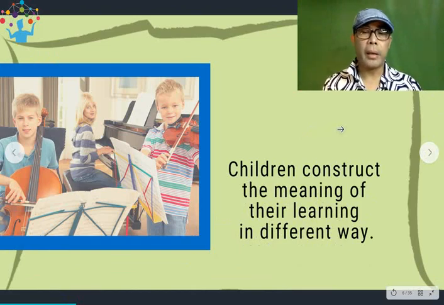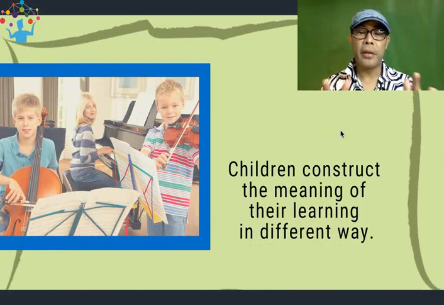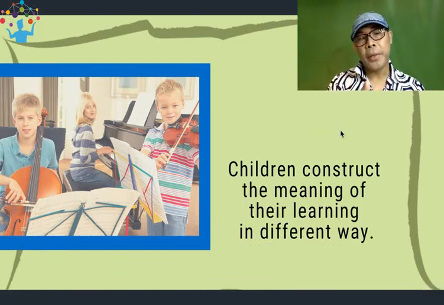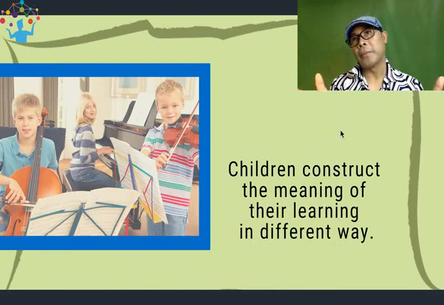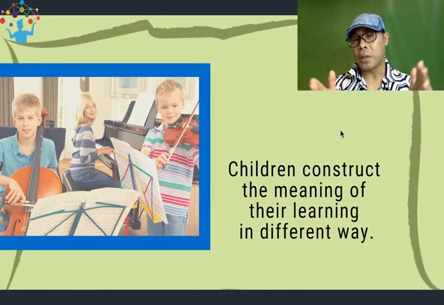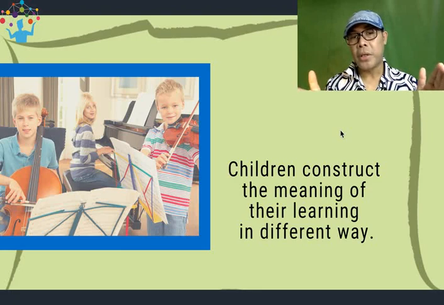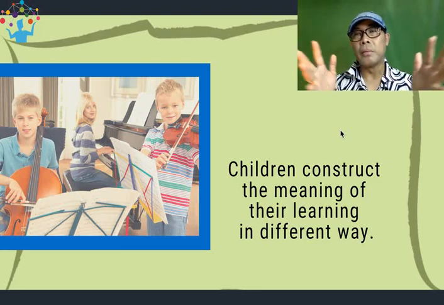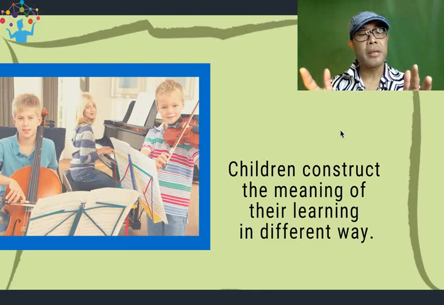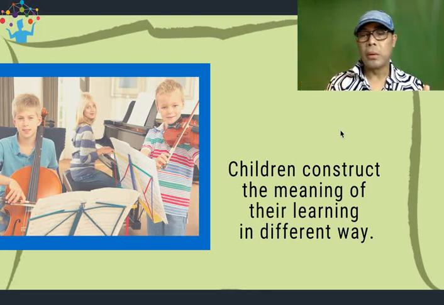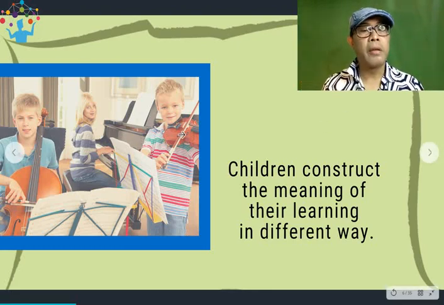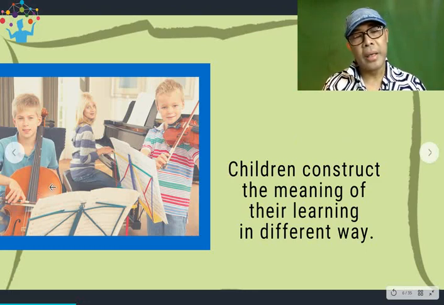Again, children construct the meaning of their learning in different ways. Just look at the picture. You might be teaching children about music. By the end of the day, children would have looked into different interests. For example, a child would be involved in piano, or in playing a violin, or, I forgot the name of this one, this kind of instrument.